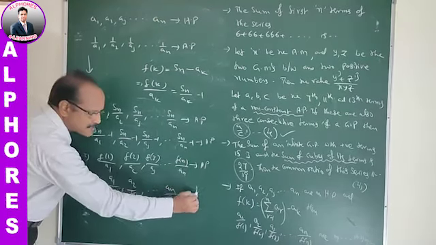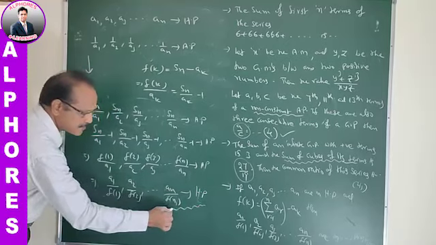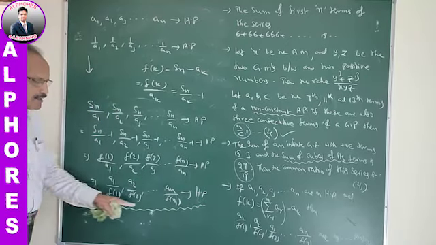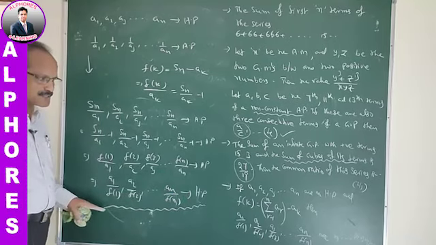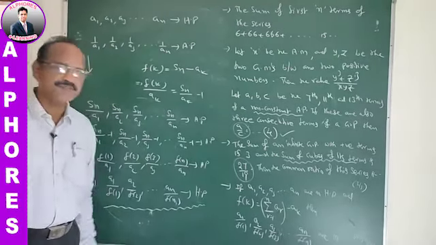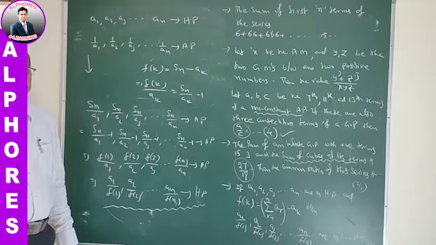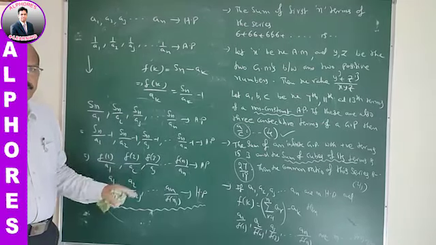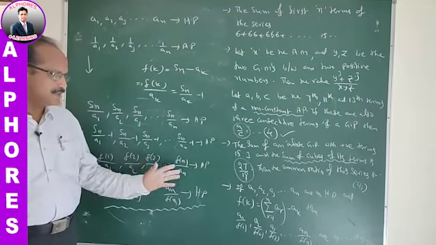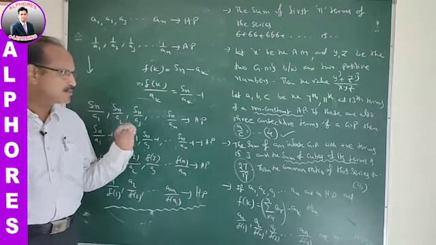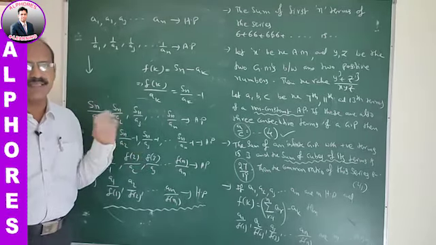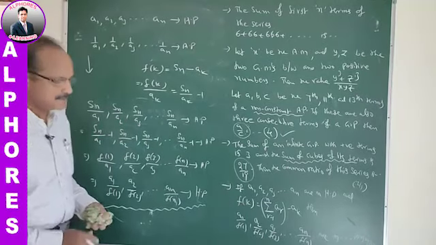The reciprocal of an AP gives a harmonic progression. So finally these terms are in harmonic progression. So the result is that the terms form a harmonic progression. Good question, this is the question between the AP and HP model. Now we will discuss some more questions based on GP and HP.